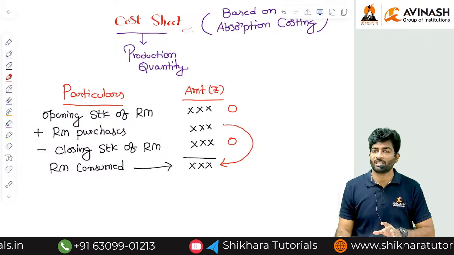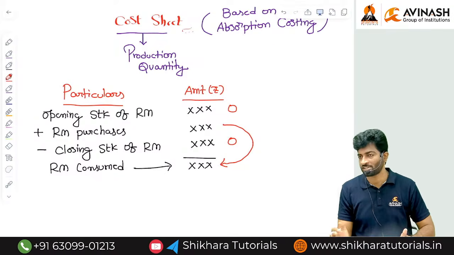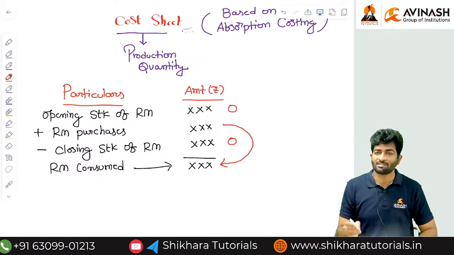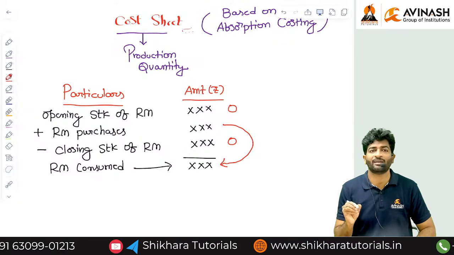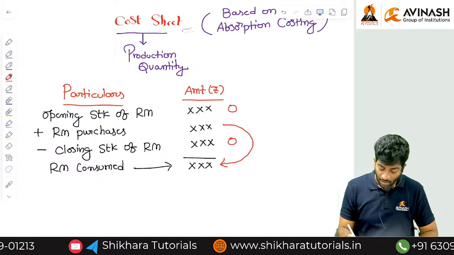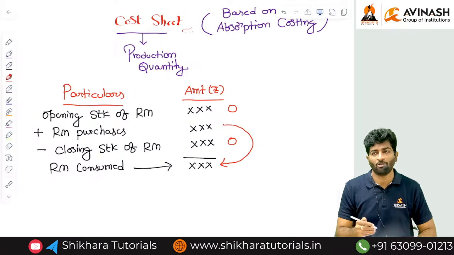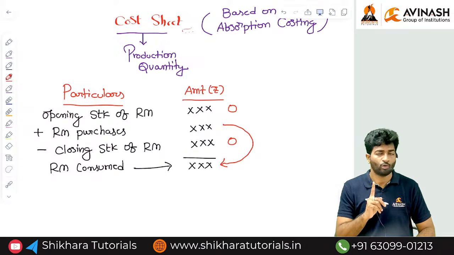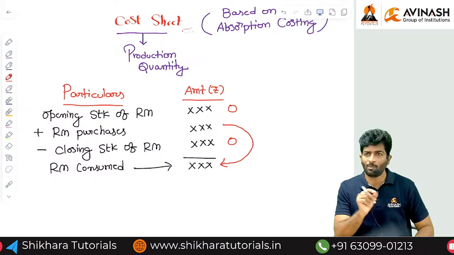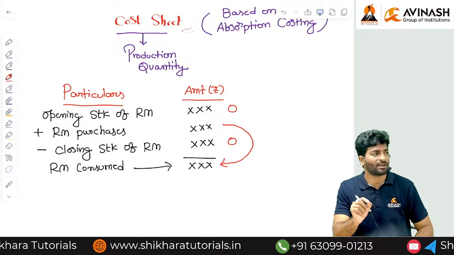So in such a case, when the entire purchases are traceable in your manufacturing activity, instead of 4 lines, sometimes I can replace it with direct material. My cost sheet starts with direct material. In the place of 4 lines, I'm going to write direct material. If you have only 1 line, only purchases, how are you going to write, raw material purchases, or as you are using it completely for production, raw material consumption?